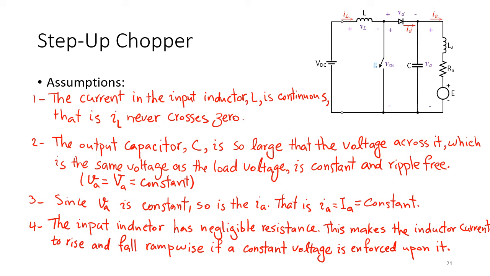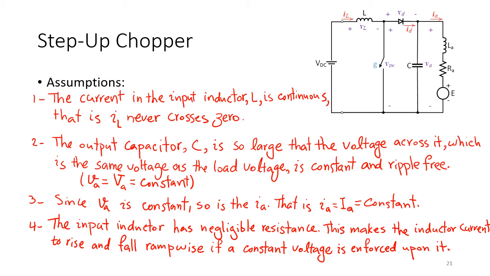Any question? Any problem with any of these assumptions? Is everything clear? So basically, we assume that the output voltage and current of the converter are constant, and the large output capacitor C helps us make such an assumption valid.